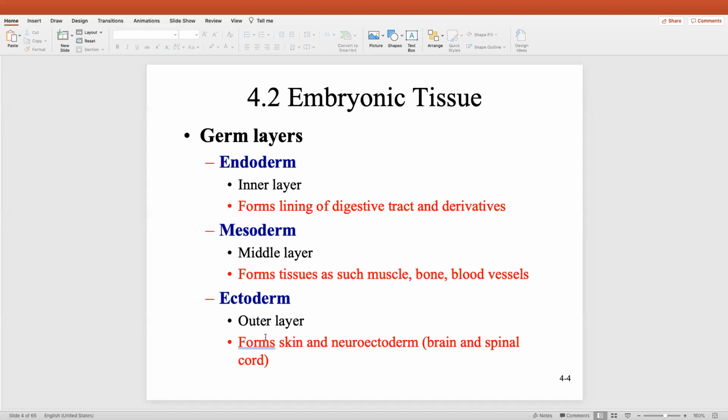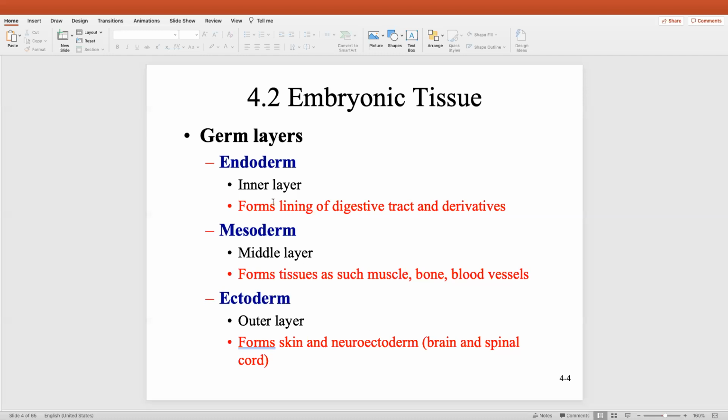The cells on the outside form the skin. And the weird one is this. It also forms the brain and the spinal cord. So the skin, it kind of makes sense, right? Ecto means outside. It forms the most outer layer of our body, the skin. But the weird thing is it also forms the most important internal layer, the brain and the spinal cord.